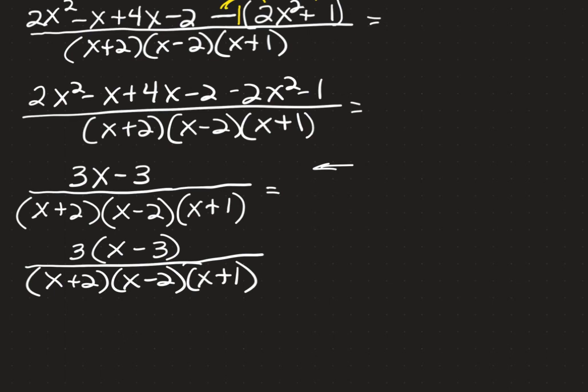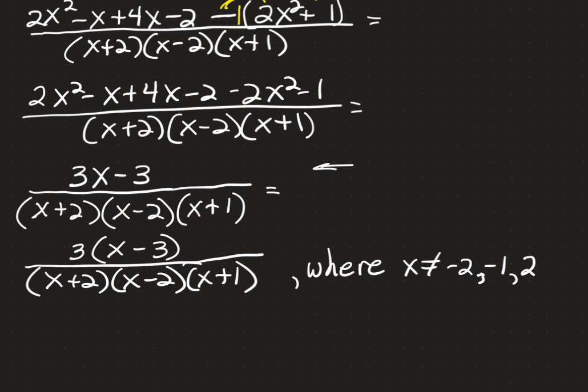So we can just look at our final expression here and say this is where x does not equal 2. Actually, we usually put it in order from smallest to largest. So x cannot equal negative 2, negative 1, or 2.